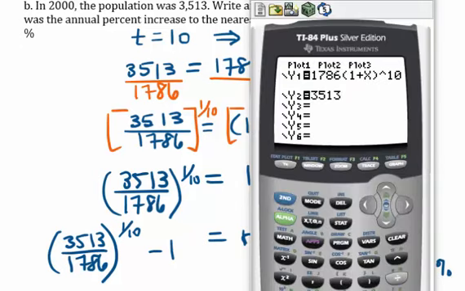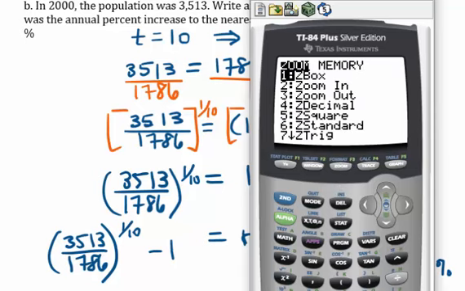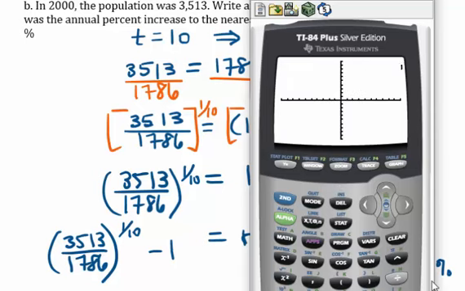Okay, so solving the equation by hand can be a little intimidating, and so here's another option if you prefer. Just enter in Y1 the expression for the population after 10 years, and then in Y2 enter the population and graph. And so I'm going to try the standard viewing window, which is zoom 6, and then zoom 0, which is zoom fit.